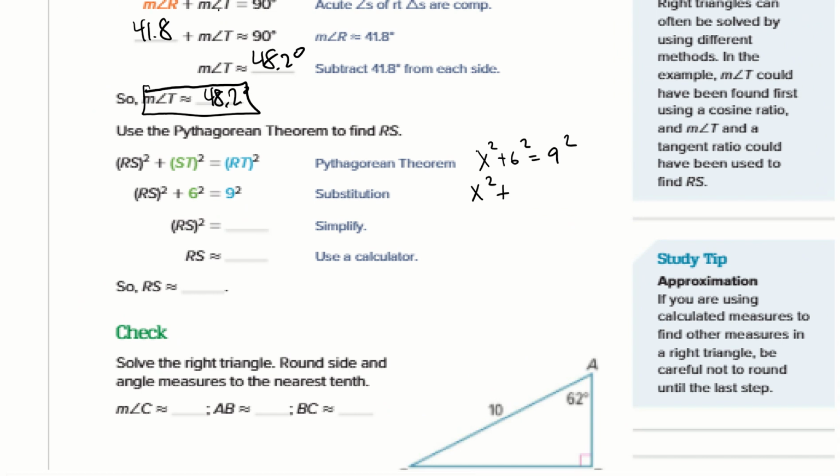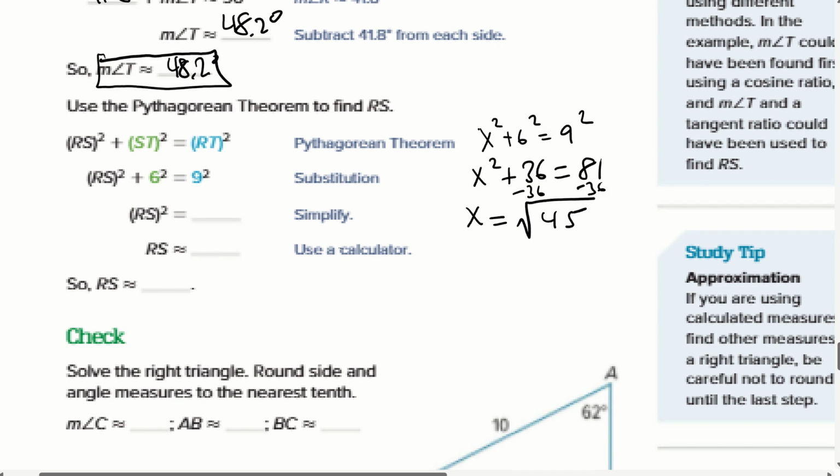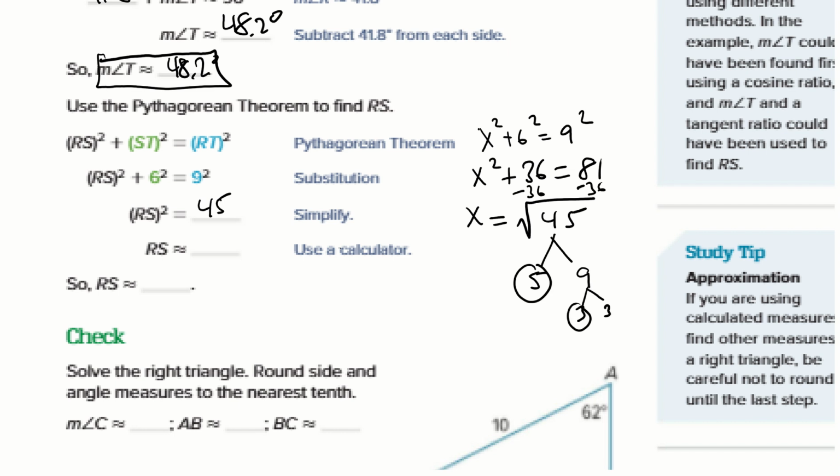We have x squared, 6 times 6 is 36, 9 times 9 is 81. We subtract 36 on both sides, and we get x is equal to the square root of 45. Don't forget to simplify the radical. 45 is 5 times 9, and 9 breaks into 3 times 3.